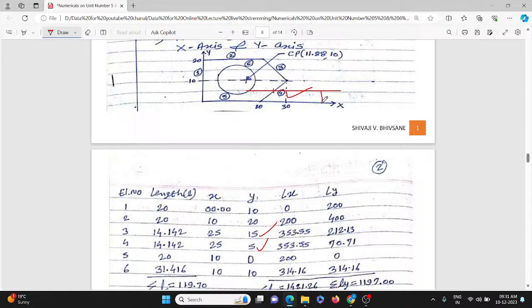This distance, that is nothing but the y, that is the distance from x. So that you have to calculate. We know this particular distance is equal to 10. So 10 divided by 2, so this distance is 5. Okay. So go to the next element.